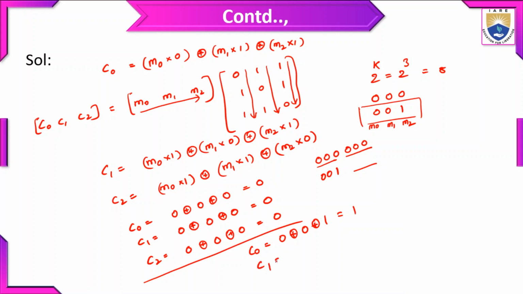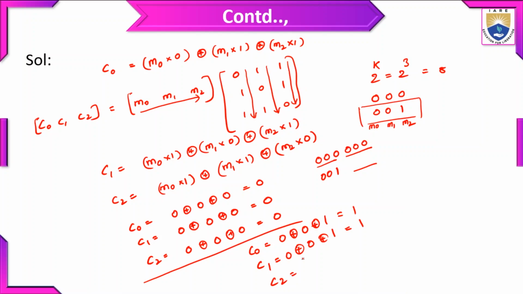Next, C1. The C1 is this formula. M0 into 1. What is M0? 0 here. So 0 into 1, 0. So the first term is 0. XOR of M1, which is 0, so 0 into 0, 0. XOR M2. M2 is 1, so 1 into 1. What do you get? 1. So here the final value is also 1. Next C2.